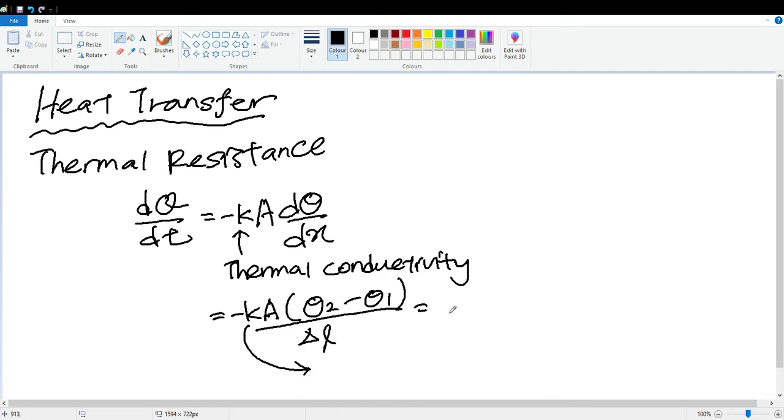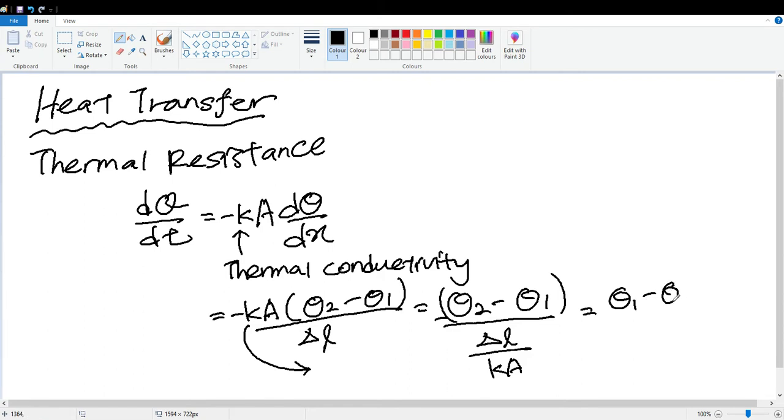What I get is θ2 minus θ1 divided by the change in L, which is the distance between two points, divided by KA. This is still negative, of course, so I substitute the negative into this equation. What I get is θ1 minus θ2 over ΔL over KA. So this is the final equation.